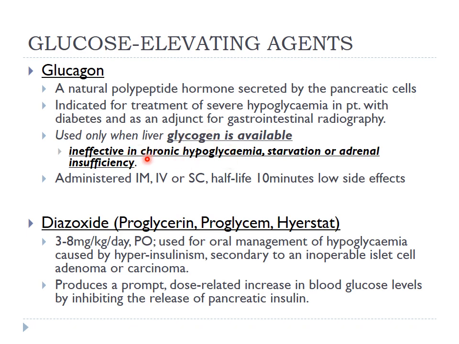The one part that we did not talk about in pathology, which is important, is that it can only be used when glycogen is actually available in the liver. So if somebody is in starvation mode or has adrenal insufficiency, glucagon will not work. You have somebody who is anorexic, or somebody who is starving in, I'll be very dramatic here, a concentration camp.